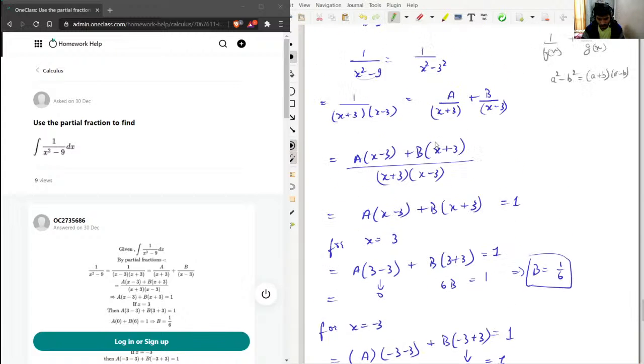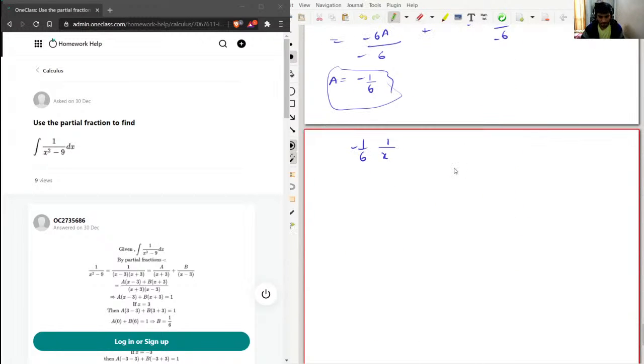Denominator of a was x plus 3. Plus 1 over 6 times 1 over x minus 3.